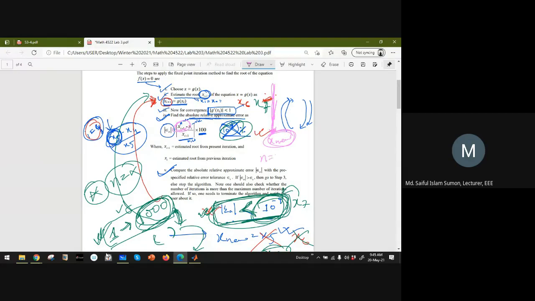If it's told that n is equal to 5 or n is equal to 10, then it's not required to think of whether my error is less than this or not. This equation will just give the value of error, the idea of how much error is there at every step. But this condition is not required for this scenario when a specific number of iterations is given. Are you okay with what I'm telling?